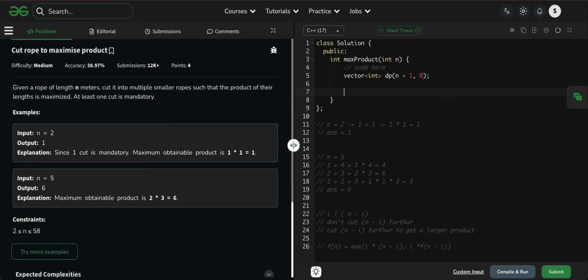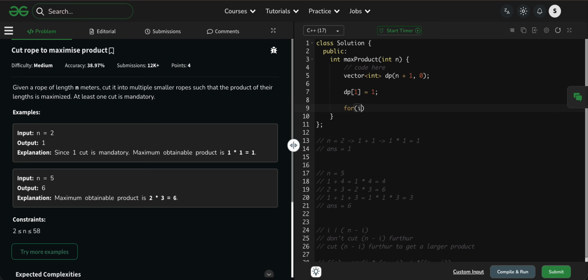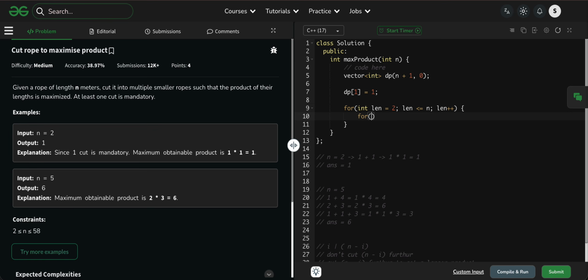Then dp of 1 is equal to 1. Now for int length equal to 2, while length is less than or equal to n, length plus plus. Then for int cut equal to 1, cut less than length, cut plus plus. We start length from 2 since 0 and 1 are already given.